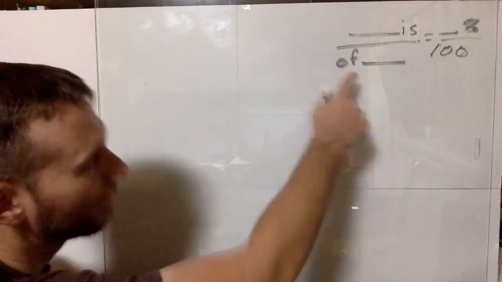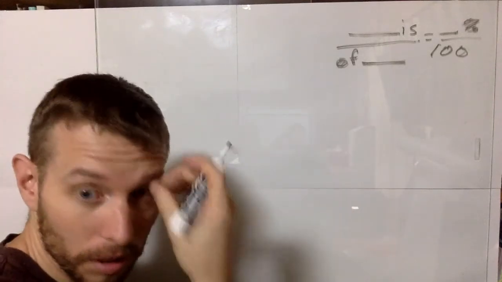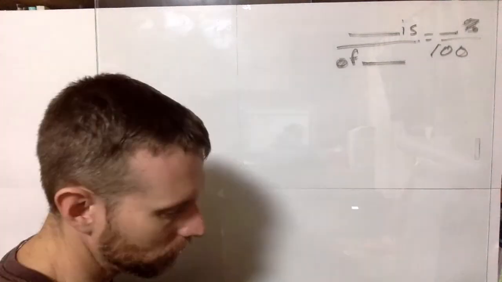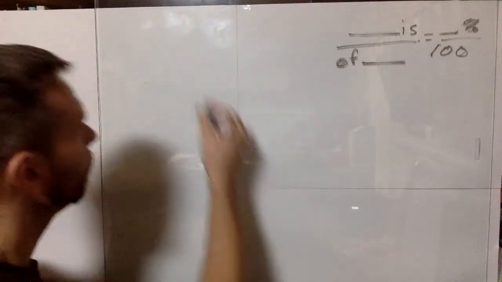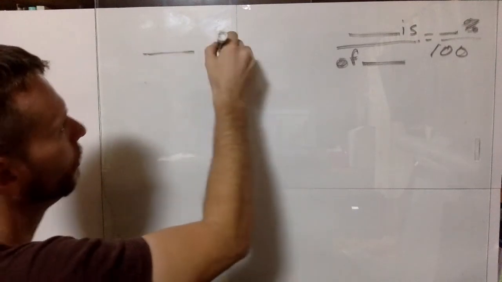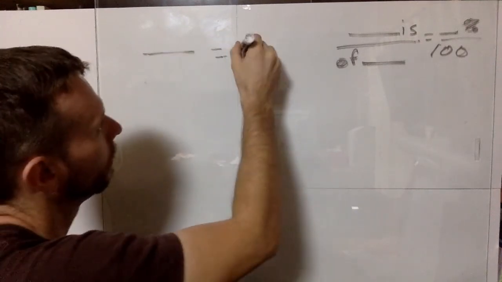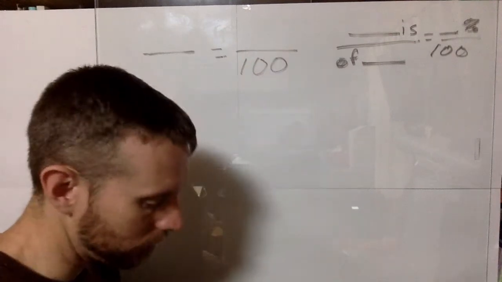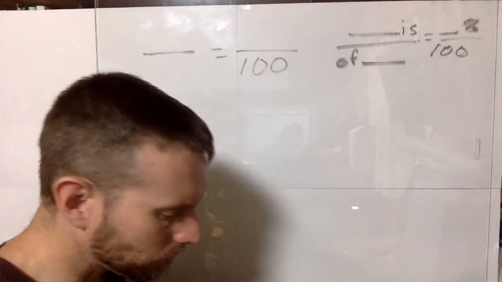So here again is our percent equation. Something is some percent of a number over 100. So we know that the question that we just said is asking what is the percent decrease? What is the percent decrease?